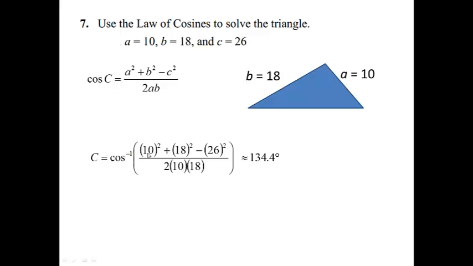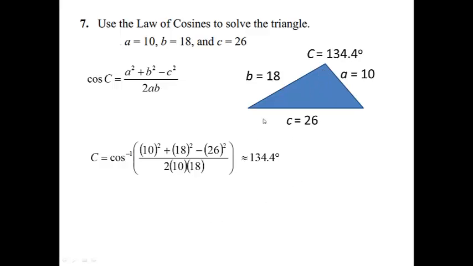So we have 10 squared, 18 squared minus 26 squared. Remember, when you're using law of cosines, finding the angle, you have to find the largest angle first. Okay, so the largest angle will be the angle opposite the 26. So you have to find that first. Otherwise, you might get an error in here. So that's 134.4 is this angle in here.